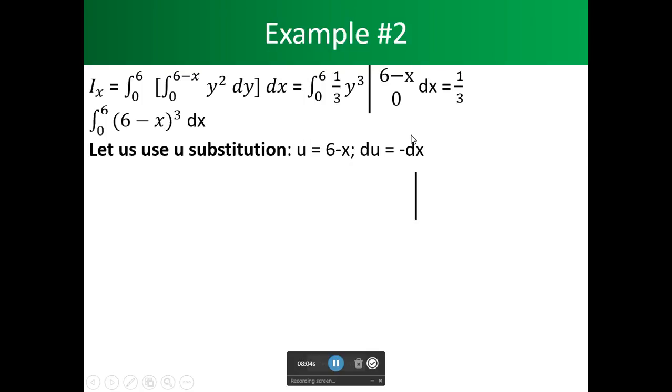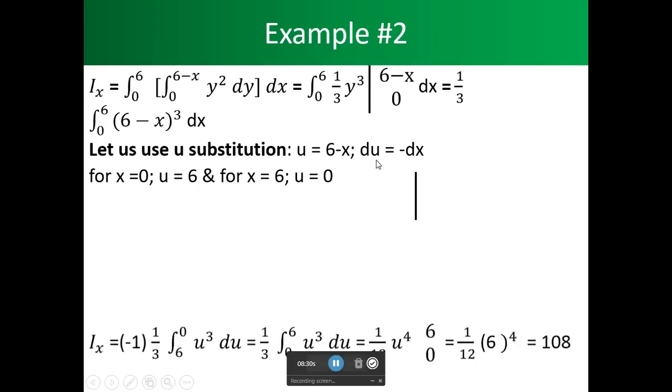So that'll be minus 1 dx. Okay, so for x equals 0, what happens to this equation if we use x equals 0? u equals what? 6. And for x equals 6, this cancels out, and then u equals what? 0.